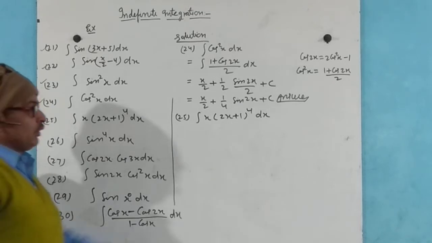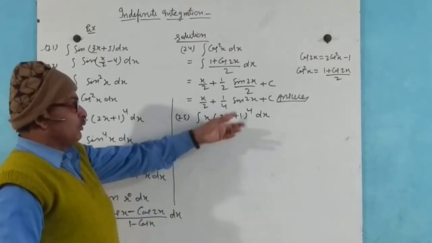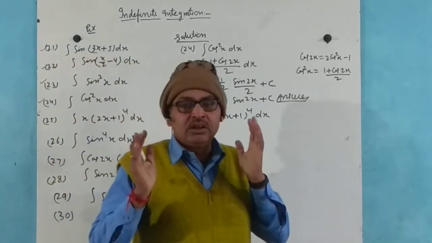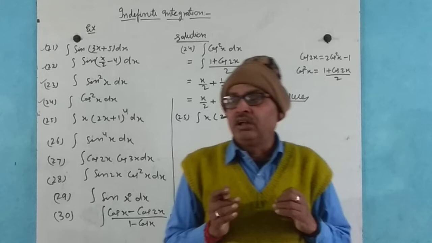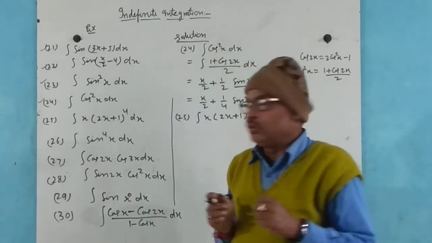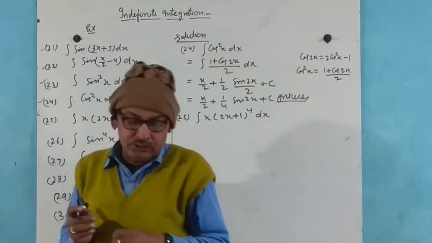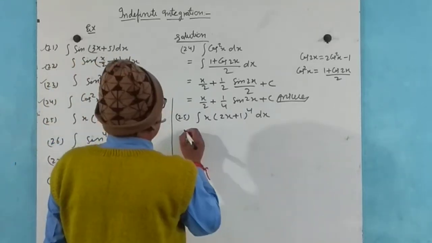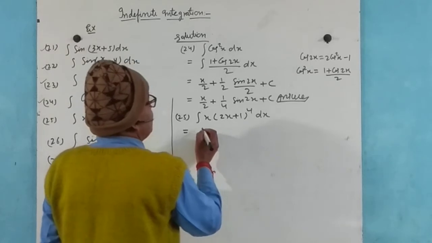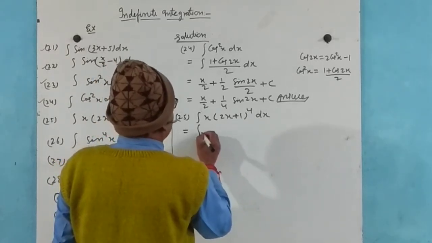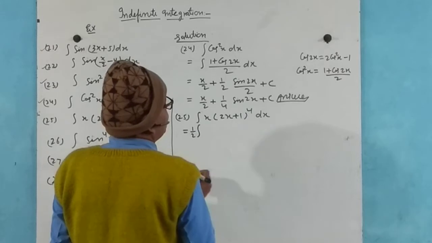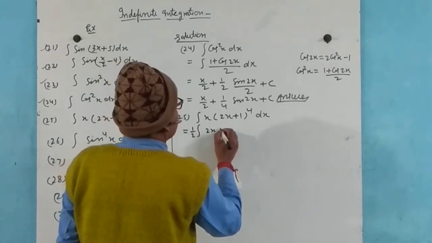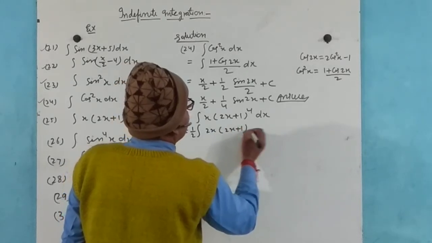If we expand (2x plus 1) to the power 4 by multiplying, we get a large expression and it takes a long time, so we use a technique here. This can be written as integration of 1 by 2 and (2x plus 1) dx.